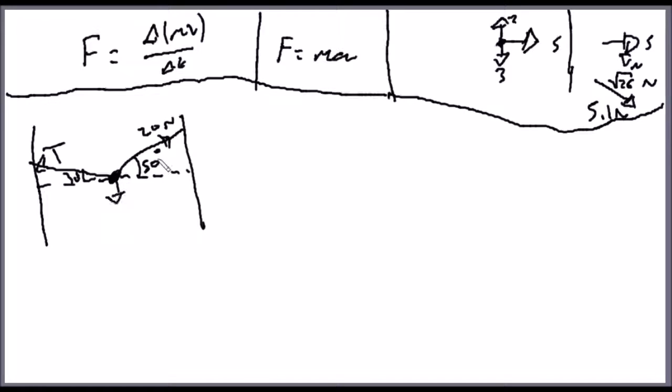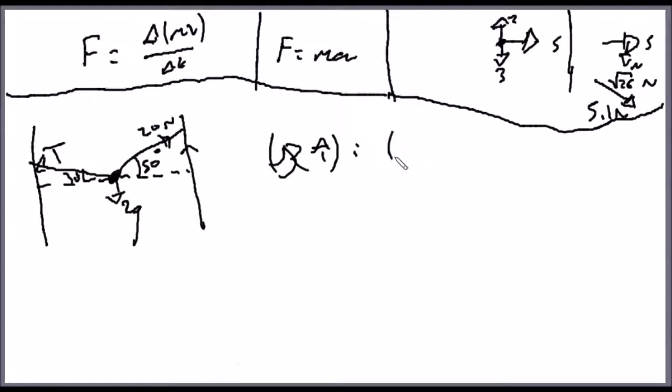This mass is 2 kilograms, so its weight is 2 times g, otherwise known as 9.8 meters per second squared. Okay, so let's try and work things out. We want to resolve again, because we're going to have to use components of the forces because of the angles. So let's resolve upwards with our forces.